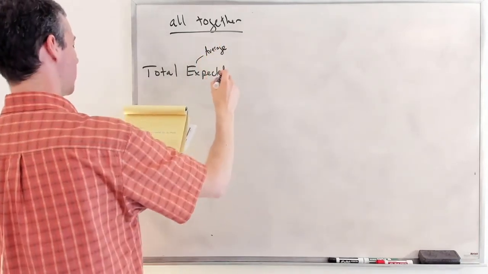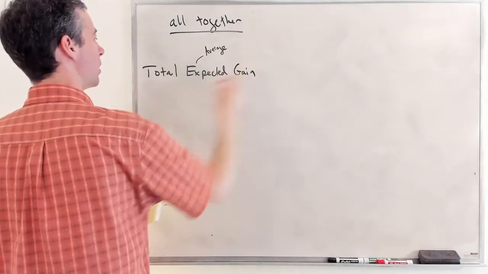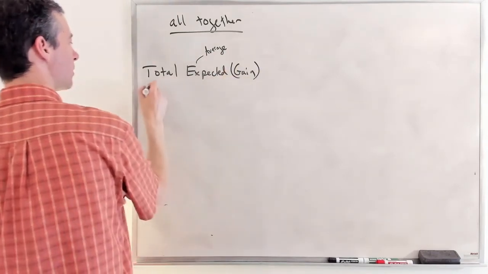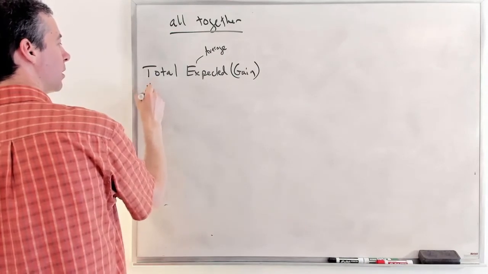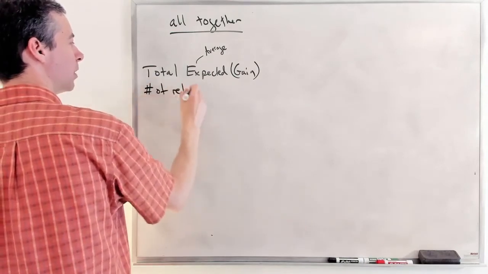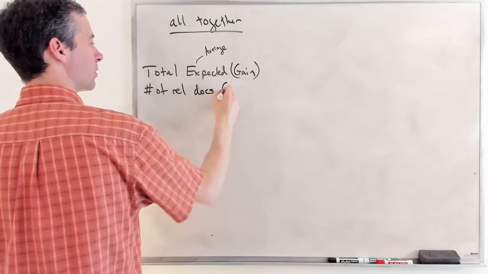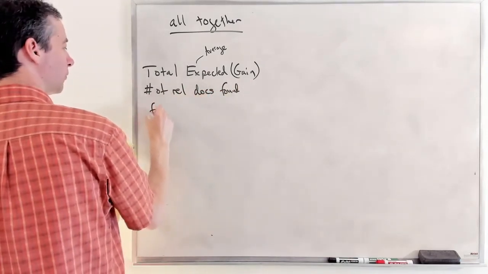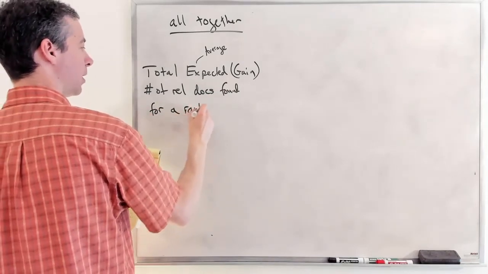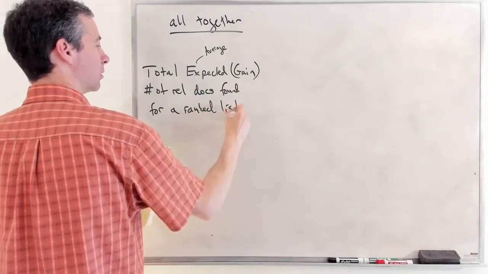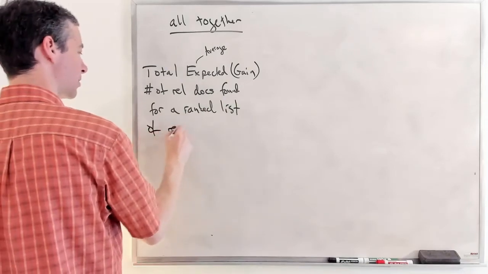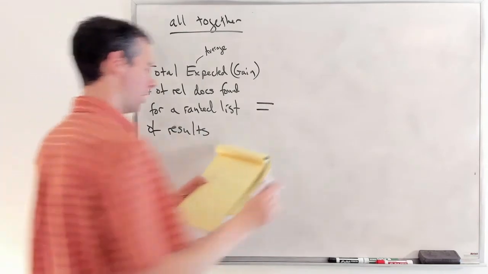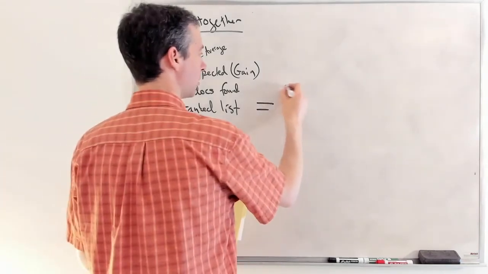So total expected gain, and again, gain is, I'm going to put that in parentheses, total expected number of relevant documents found for a ranked list of results. We can compute this as a summation.